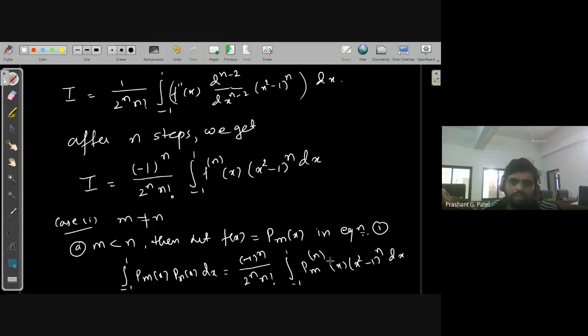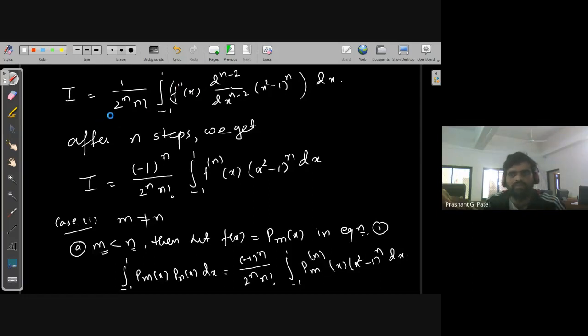Now what is the nth derivative of pm? If m is smaller than n, then what is the degree of pm? It is m, and m is small, and it is a polynomial. So that's why this derivative will become 0.